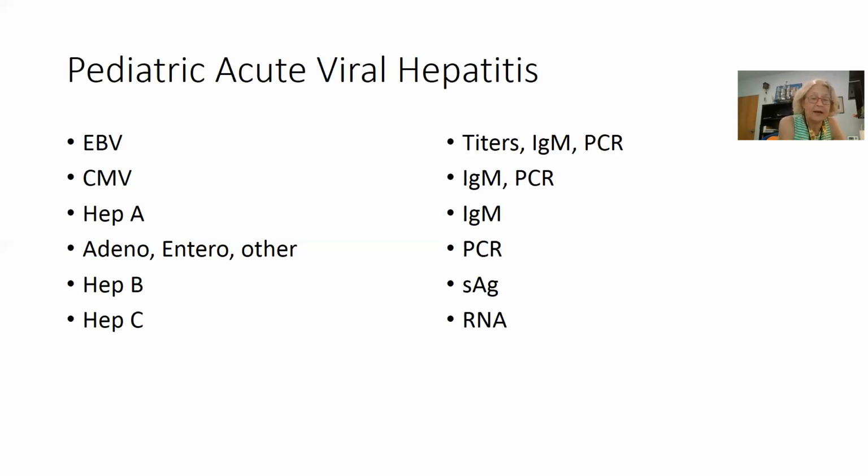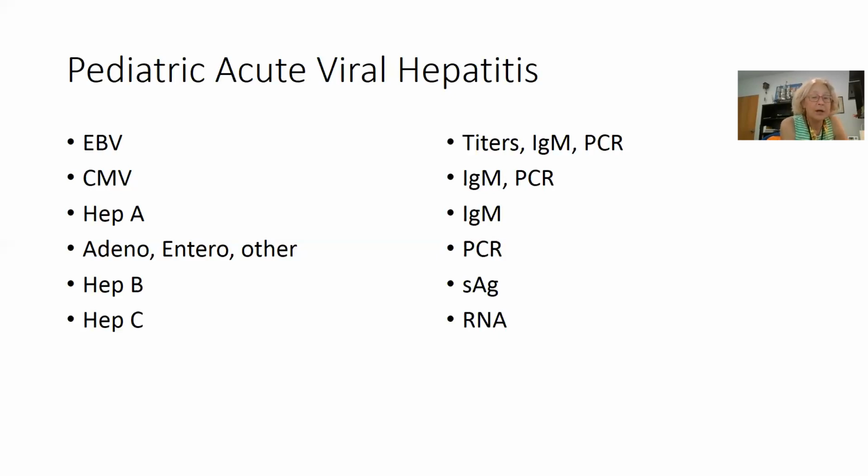CMV is another common cause of acute viral hepatitis in kids. We can get IgM, and again, we can get PCR. If you're looking for hepatitis A, you have to be really careful what you ask for. Sometimes you're going to get total antibody, and this includes both IgG and IgM. And if they've been vaccinated, it's going to be positive.